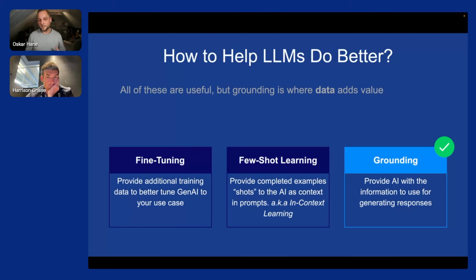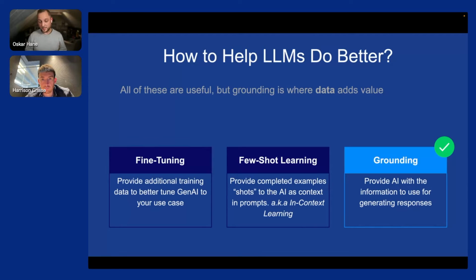Then we got something called few-shot learning, which is really helpful if you are working in a place where you have domain-specific language, like abbreviations that are not publicly known or often misunderstood. You can hard code those into the prompt and teach the LLM with every prompt what they mean.